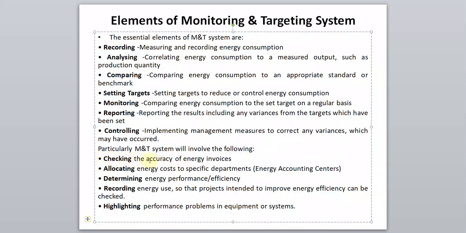Now here, checking the accuracy of energy invoices means, for example, if it is coal or thermal or fuel, even electricity, most of the energies are going to be purchased, or some of the energies are going to be imported from other departments or other sectors or other nations.